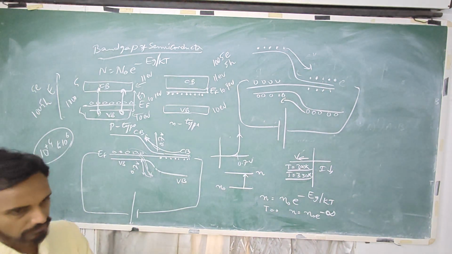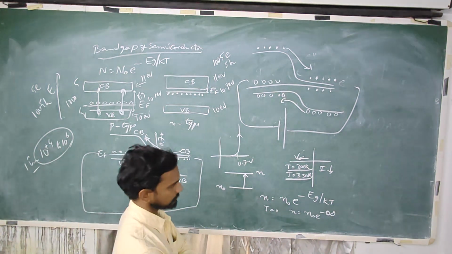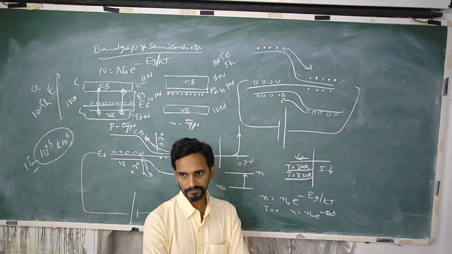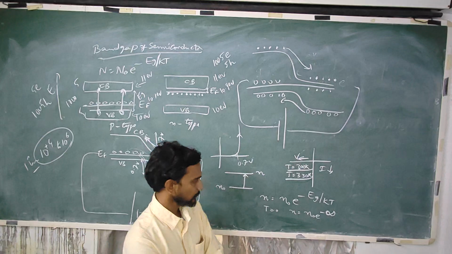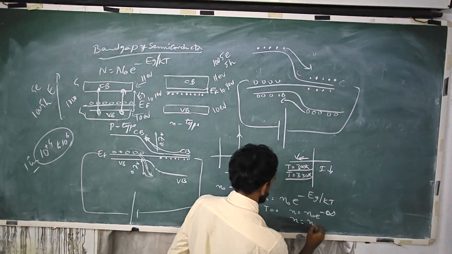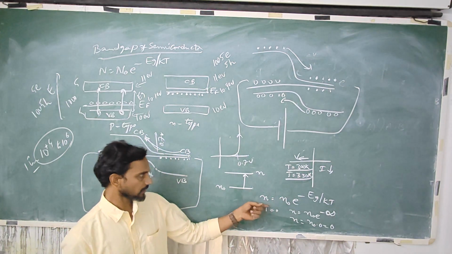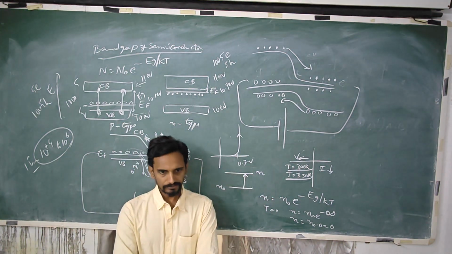What is that value? e power plus infinity is infinity, so minus infinity gives 0. So when T is equal to 0, the number of carriers in the excited state is 0.